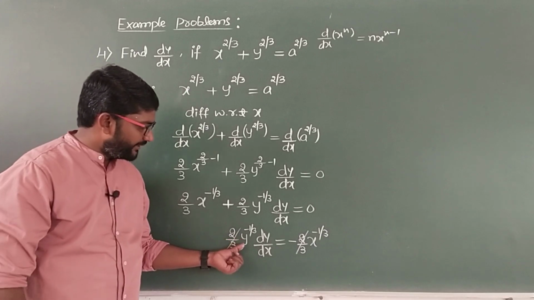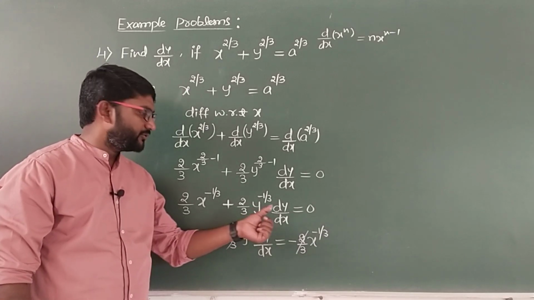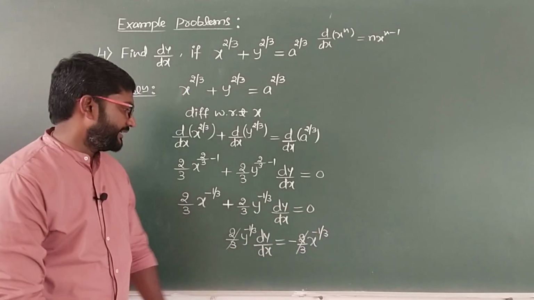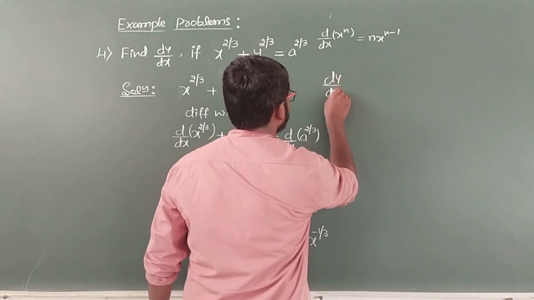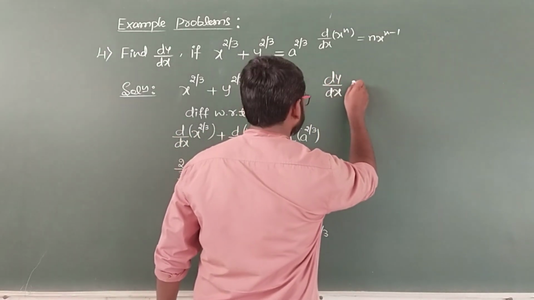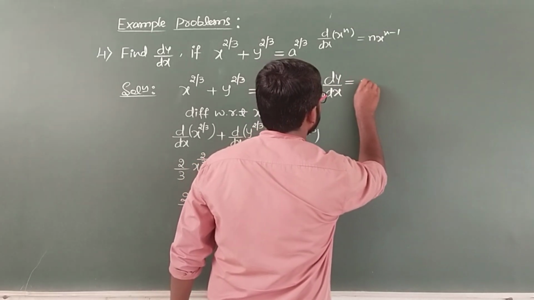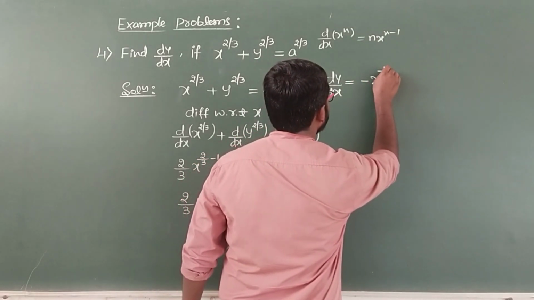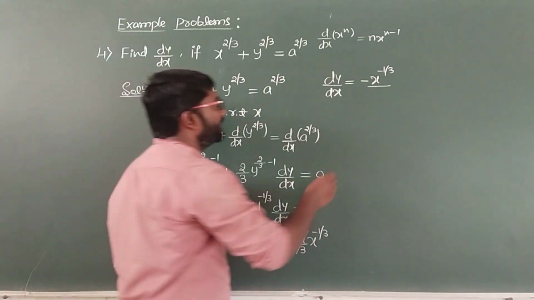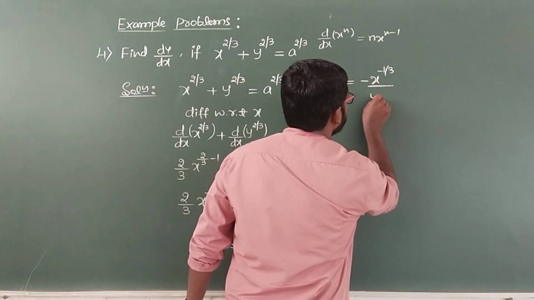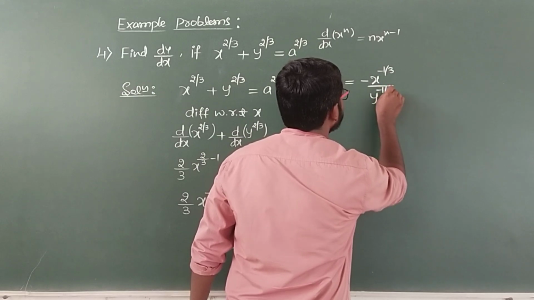Now in the next step we take y to the power minus 1 by 3 to the right hand side, it goes to the denominator. So we get dy by dx equals minus x to the power minus 1 by 3, divided by y to the power minus 1 by 3.